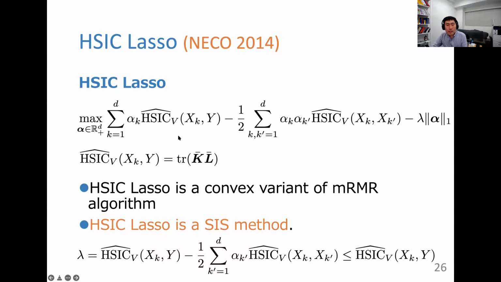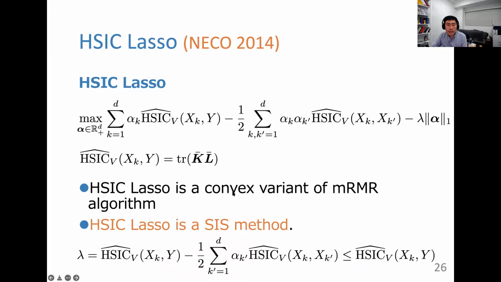Solving the objective function together, we can get feature sets that are similar to the response, but the selected features are mutually independent. This method is called the HSIC lasso.